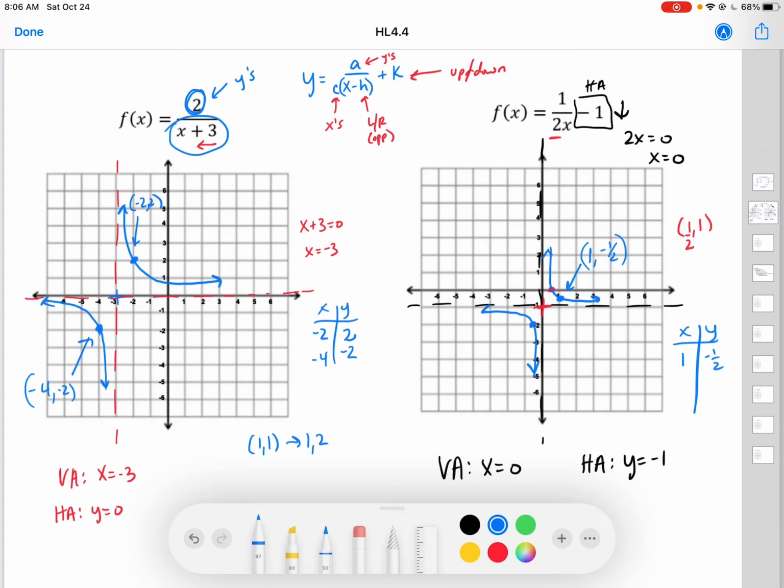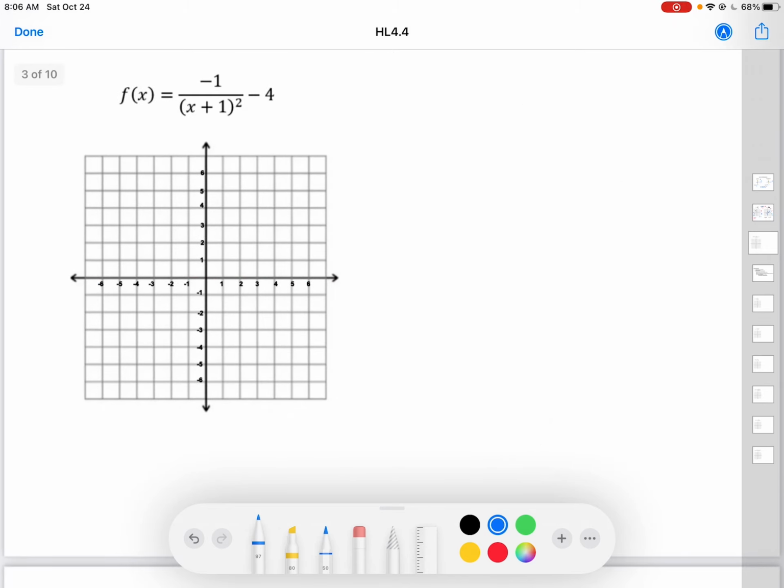That means I went over 1, up 1/2 from where the asymptotes cross. So I need to go over 1, down 1/2 to get my other coordinate. Or you can just plug in -1, and that would give you -1.5 or -3/2, however you want to think about that.